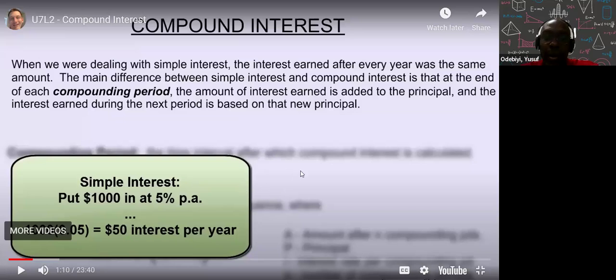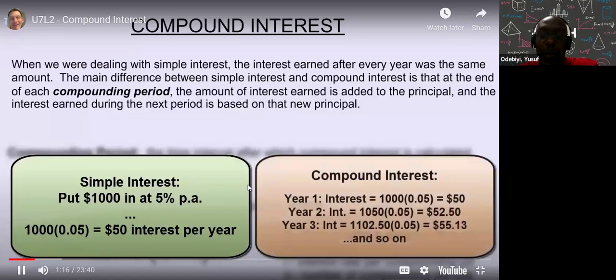Now you can look at the difference with compound interest. If it's compound interest, though, what you do is at the end of each compounding period, you adjust the principal. You see that? There's a difference now. Your compounding interest is based on the new principal that's established at the start of the next year. Okay, so my first year, in this case here, my principal was 1,000.